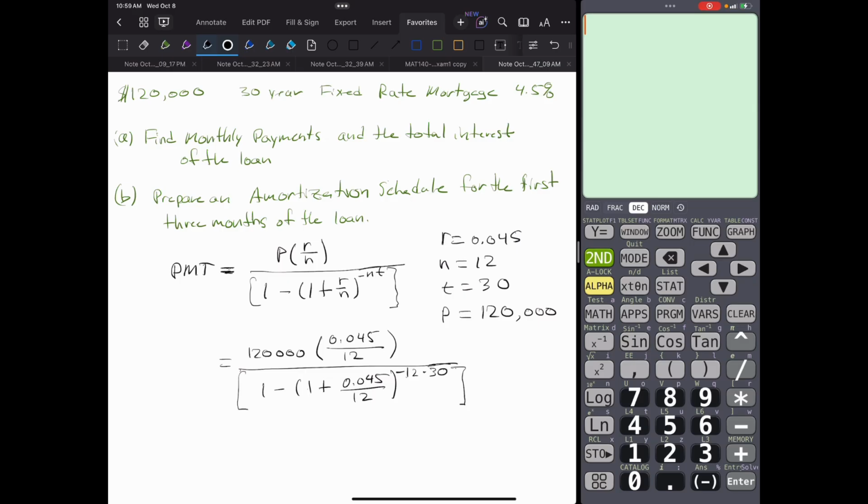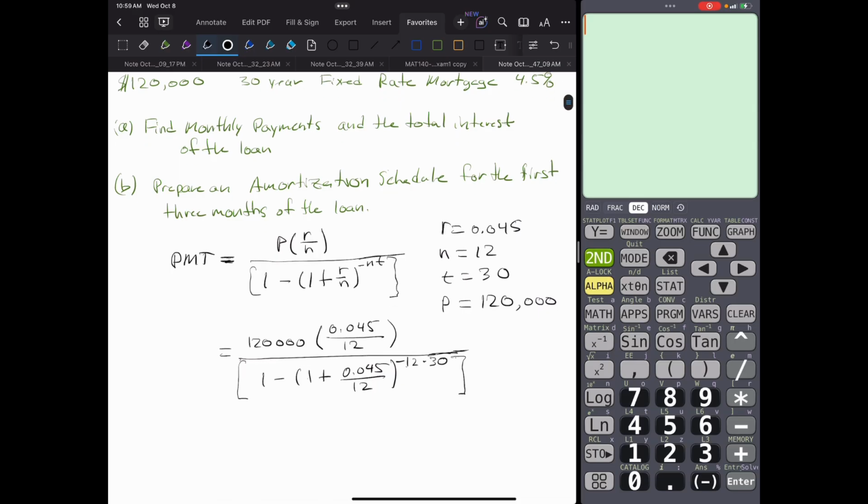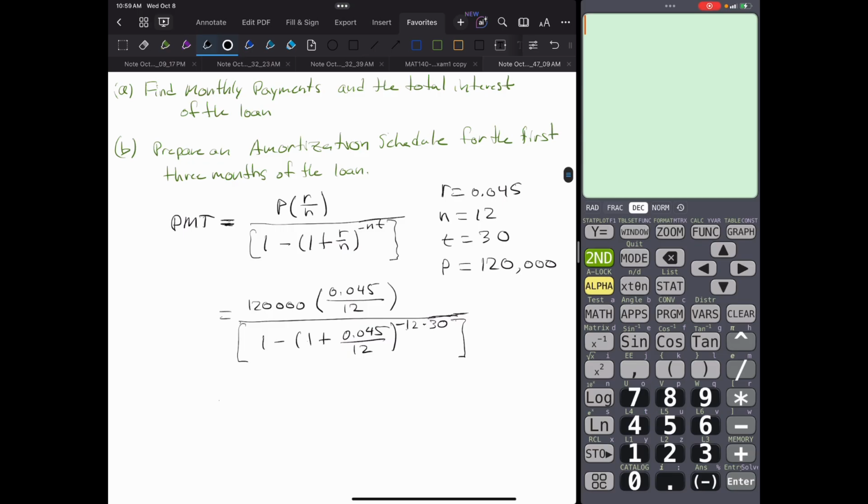The brackets around here aren't necessary for the way that we're visualizing this, but they are necessary when we type them into a calculator. So I do continue to write them down to remind us to put them there when we type this into a calculator to actually find our payment.